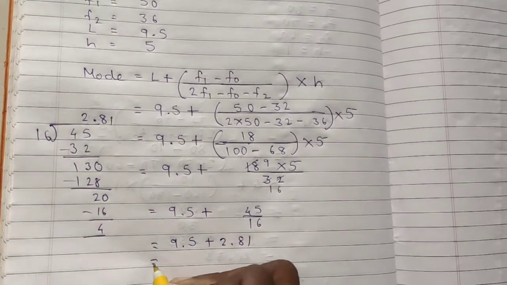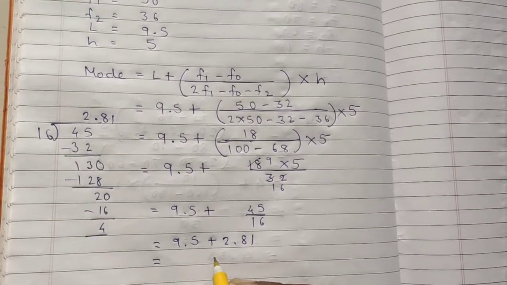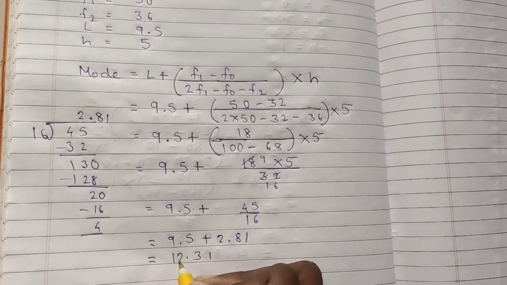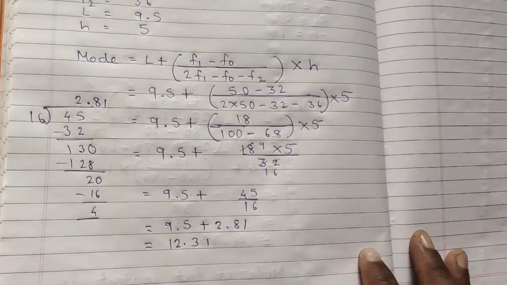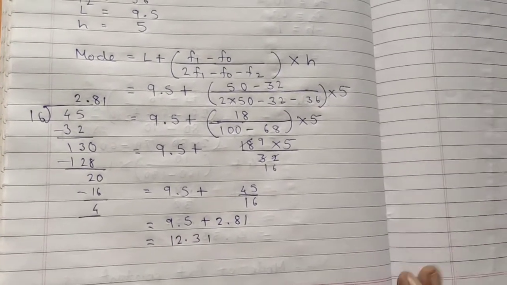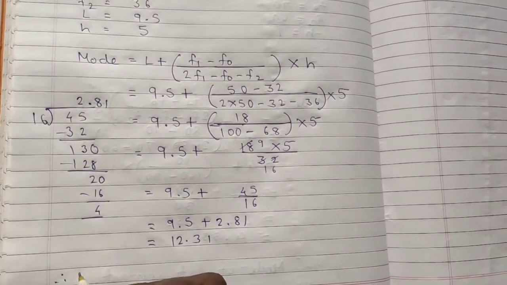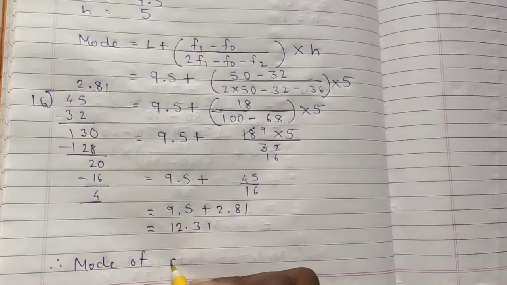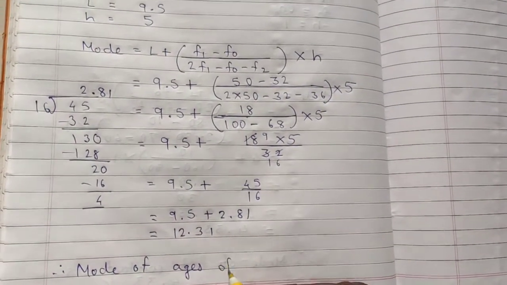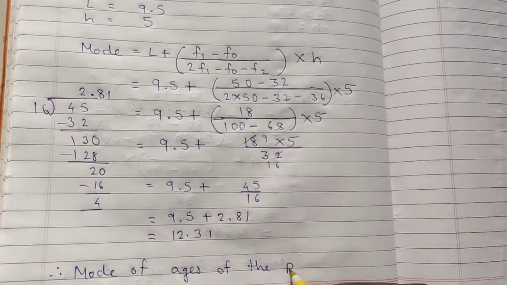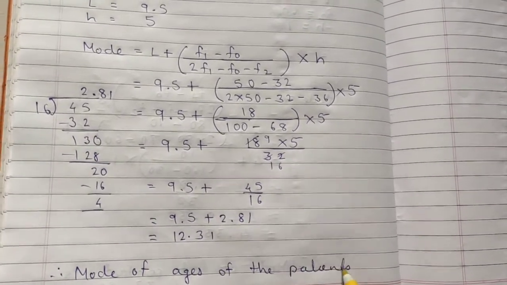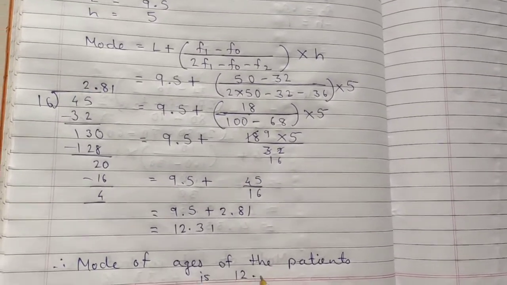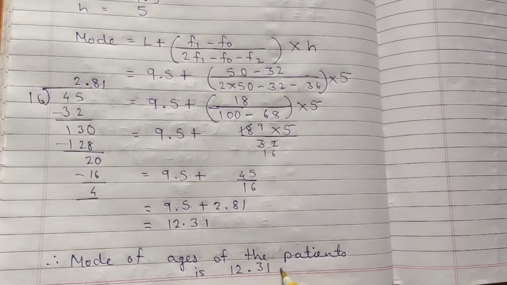Now you have to add it. So 9.5 plus 2.81 gives you 12.31. Let me write the final answer. Therefore the mode of ages of the patients is 12.31 years.